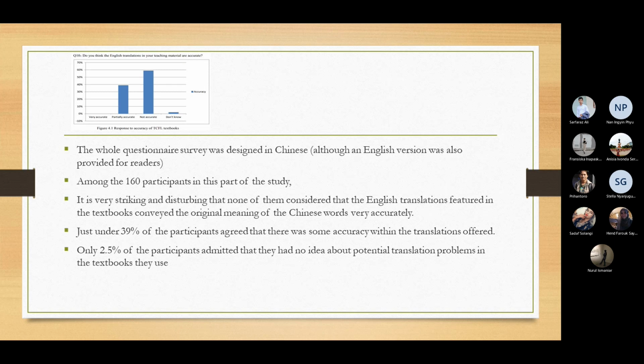We can see that there is a majority, but there was also a minority: 2.5% of the participants admitted that they had no idea about potential translation problems in the textbook they use. So this is what this percentage shows, that many of them do not believe, and the majority of them believe that the English translation in the teaching material is accurate.